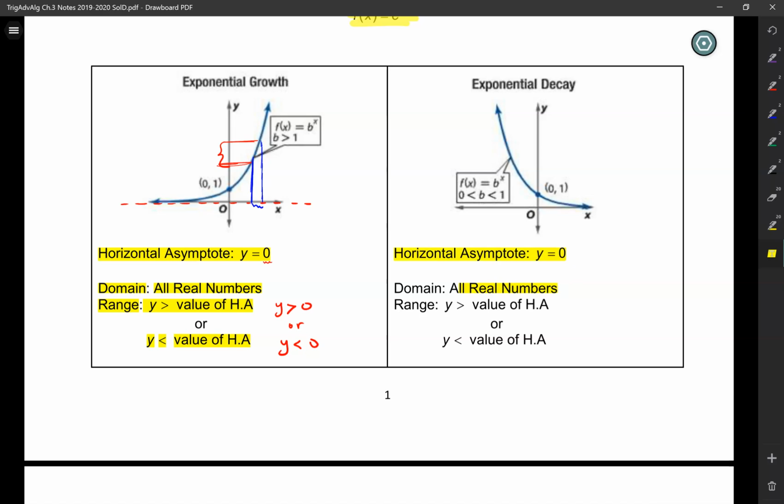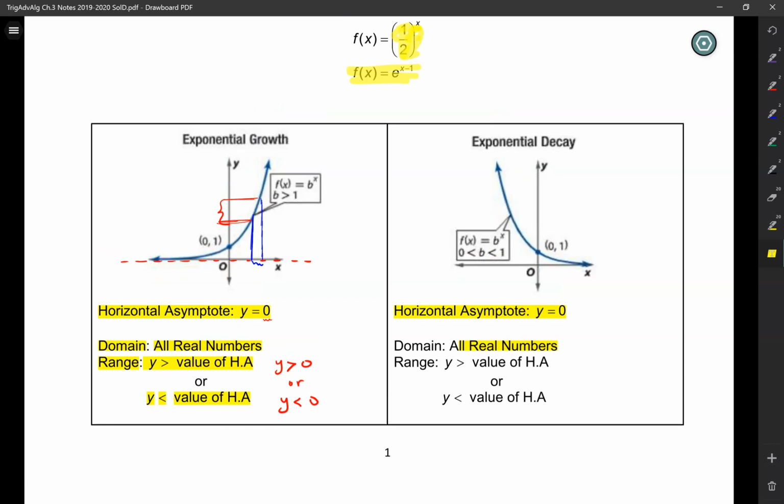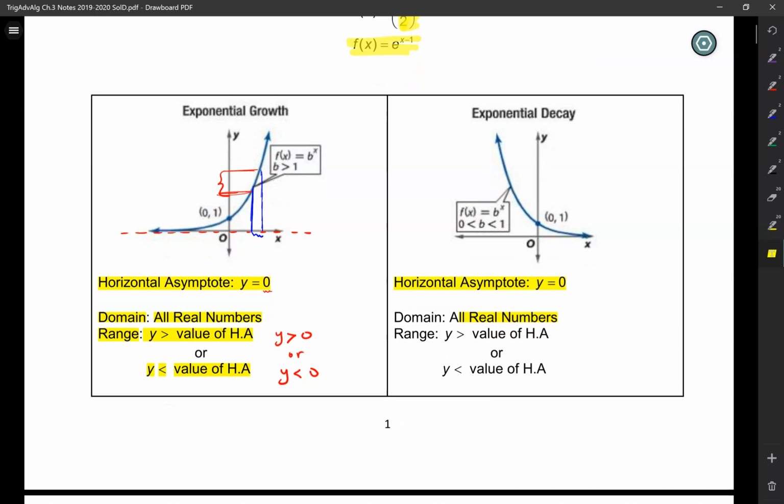Okay, now, if you have a graph, how to tell if it's growth or decay? So look at what happens here. As you move to the right, don't look at if the graph is going up or down. Think of it as the graph moves away from the x-axis.